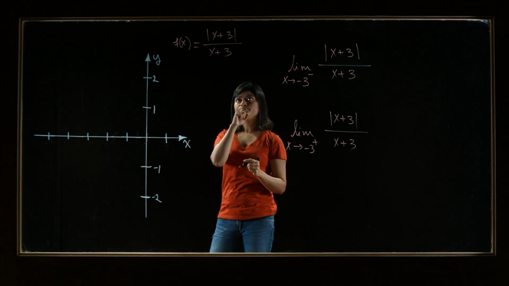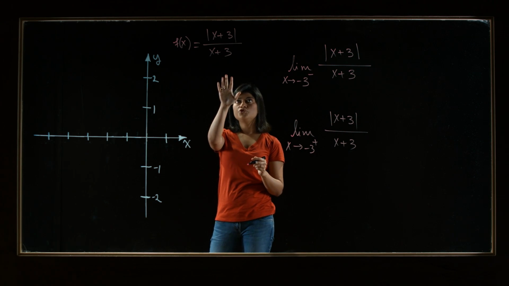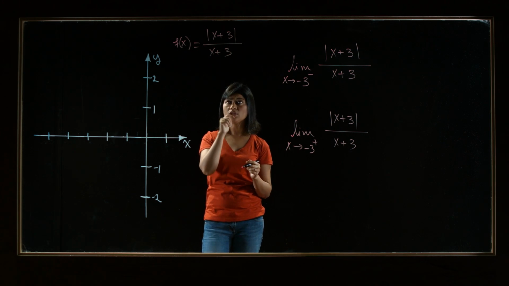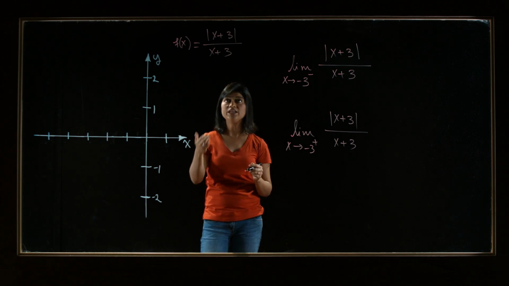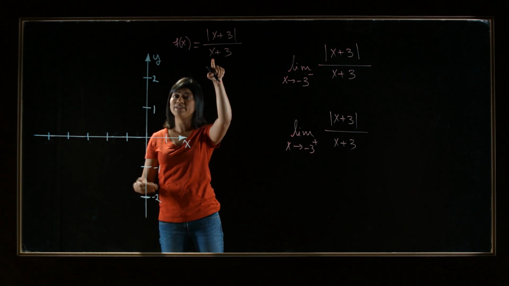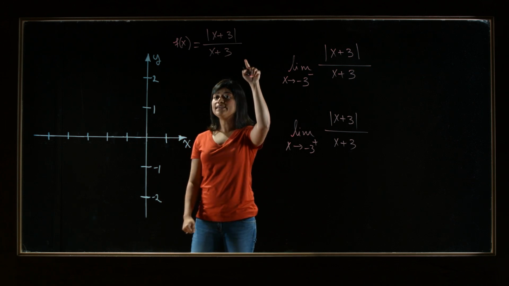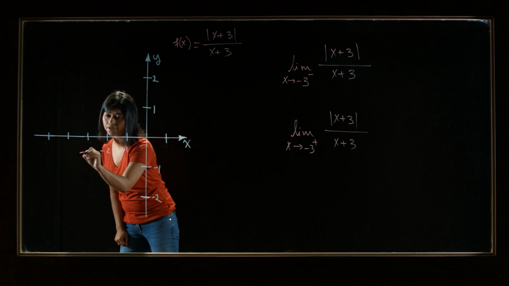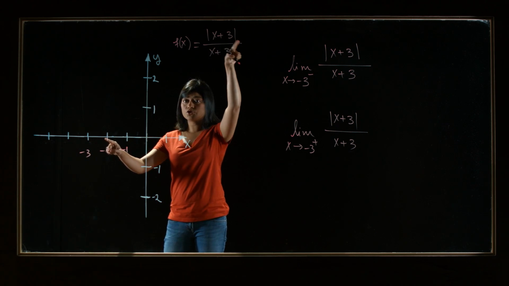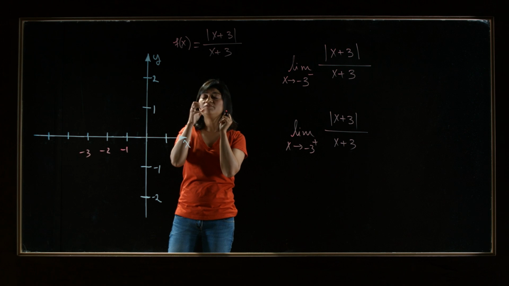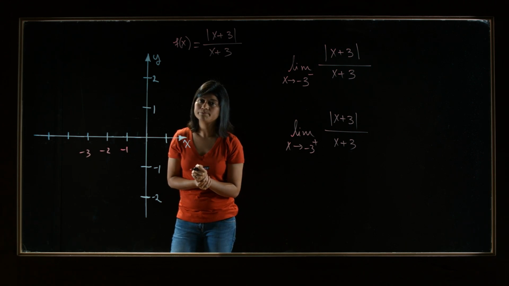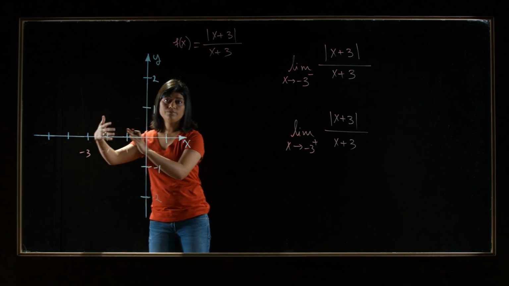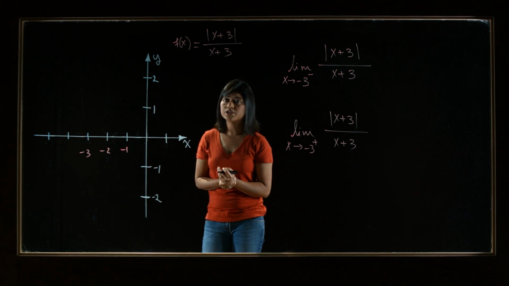If you notice carefully, the very first thing you should note is that since we have the factor x plus 3 in the denominator, that factor can be 0, and it will be 0 when x is equal to negative 3. So if you come back here, negative 1, negative 2, negative 3, the function doesn't have a value for x equals negative 3. That point is not in the domain of the function, as we say it.